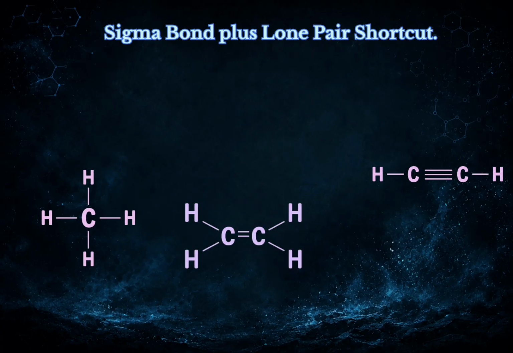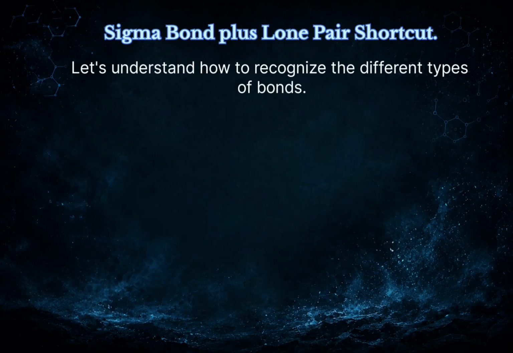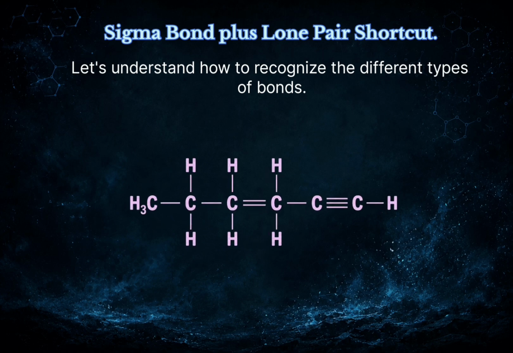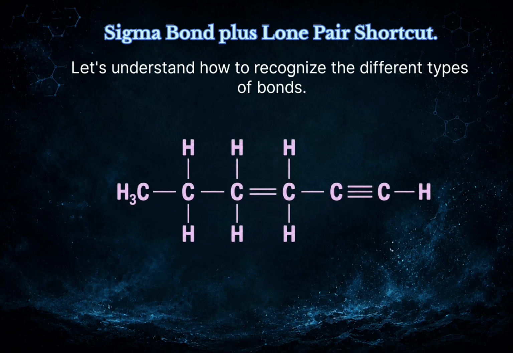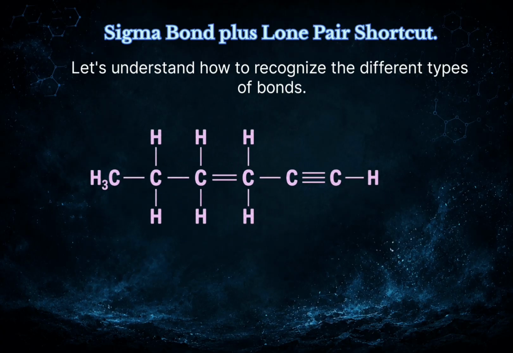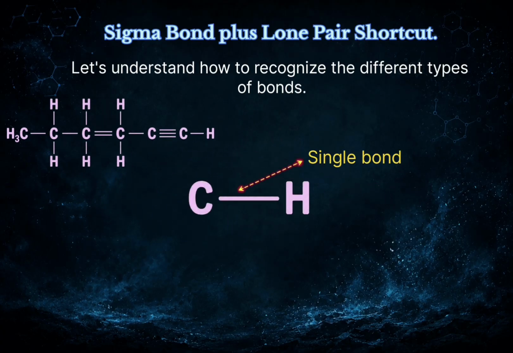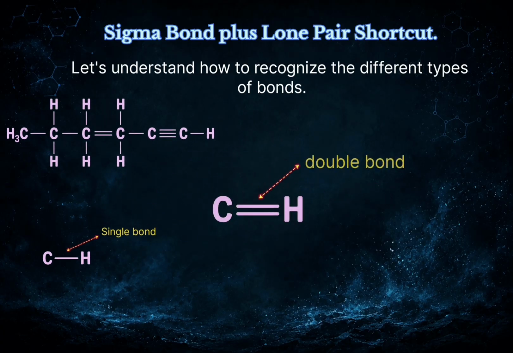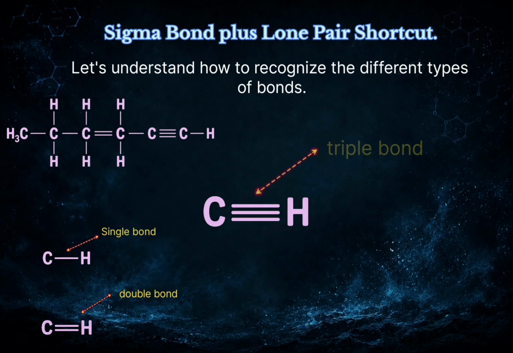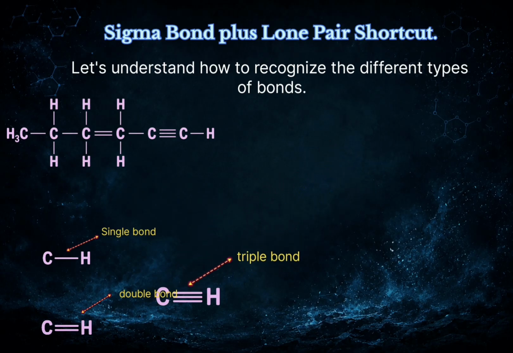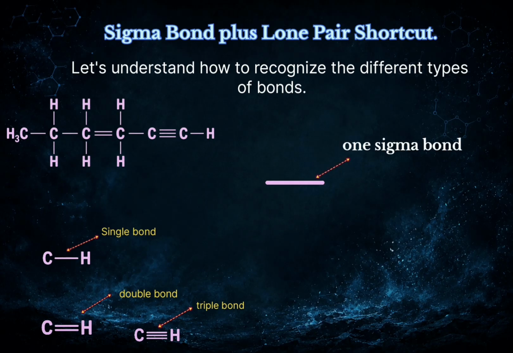So first, let's understand how to recognize the different types of bonds. In a structural formula, each line represents a chemical bond between 2 atoms. One line represents a single bond, 2 lines represent a double bond, and 3 lines represent a triple bond. Now here's the most important rule. A single bond always contains 1 sigma bond.